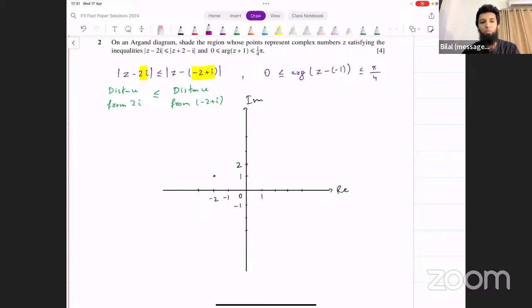Remember, whenever you have 2 points, the locus that you get is a perpendicular bisector of those 2 points. So this is point 2 iota, and this is point minus 2 plus iota. These are the points that you have marked here.